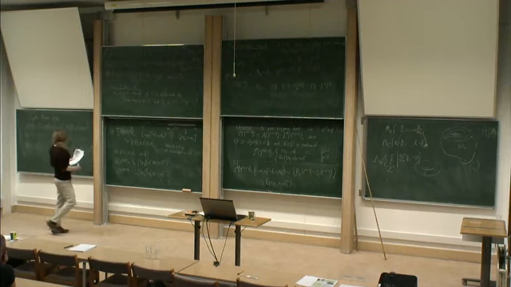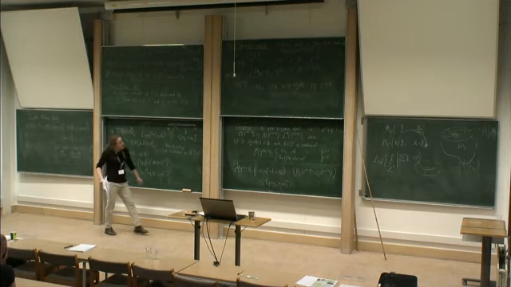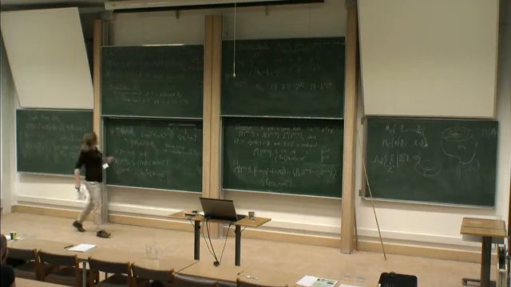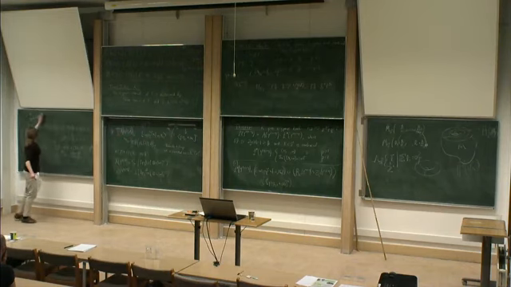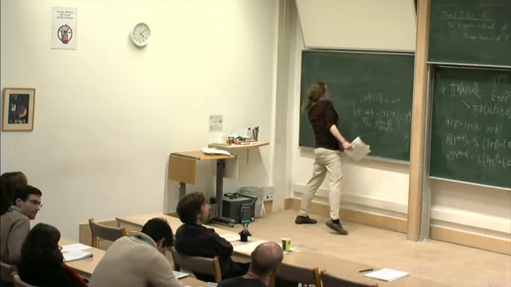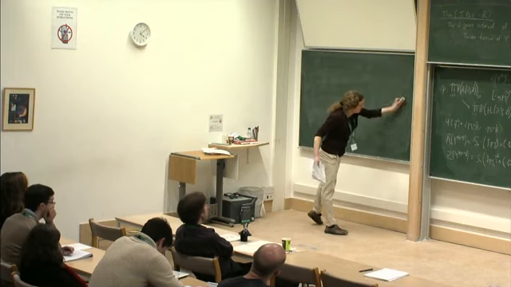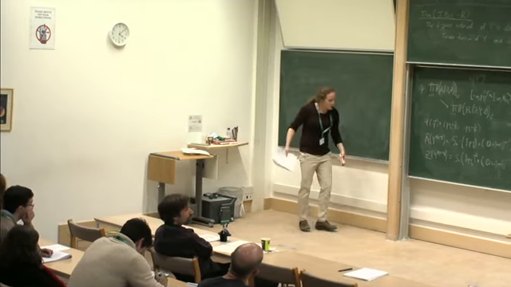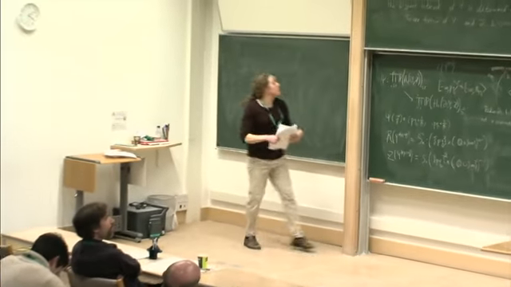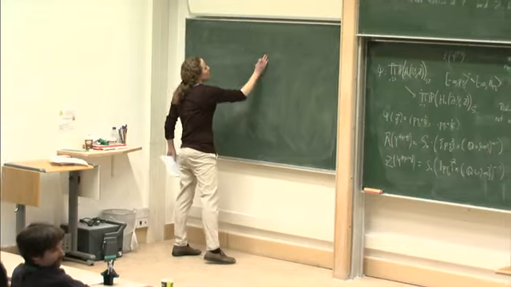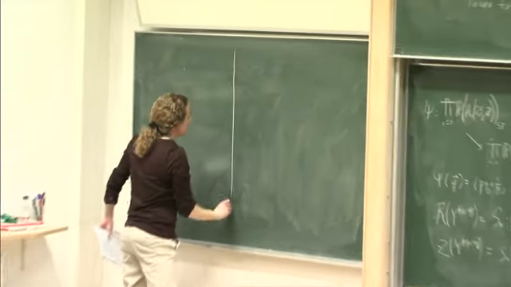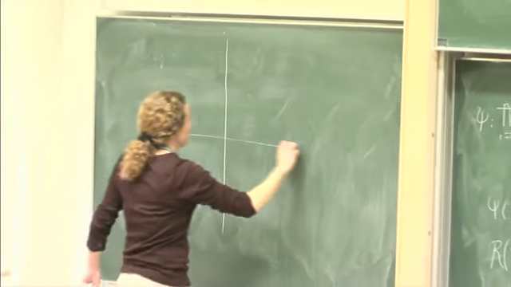So if you want to draw this for a two-component link, it looks like this. Let's see.